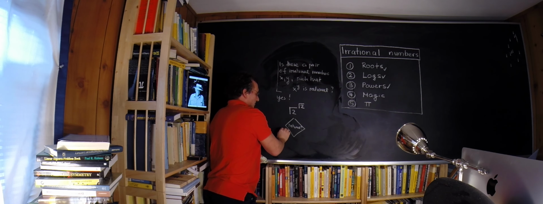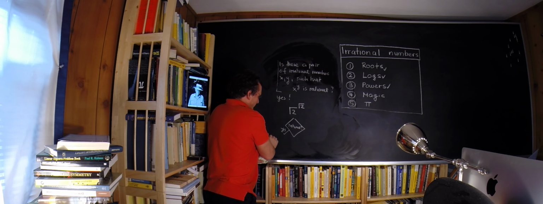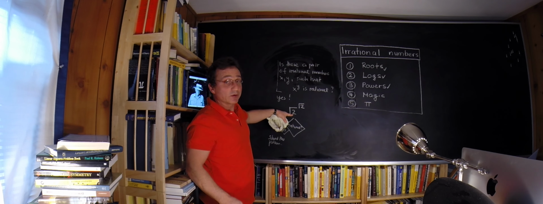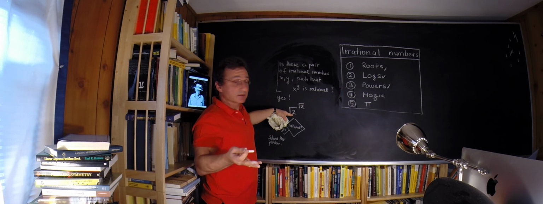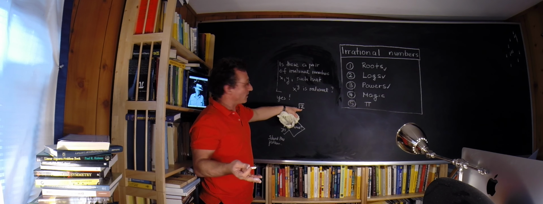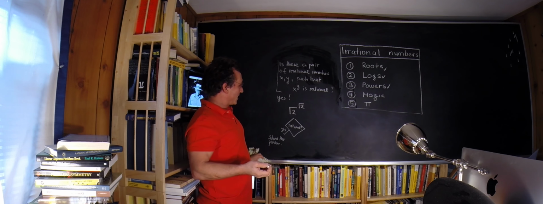If yes, then we have solved the problem, because we can take x equal to square root 2, which we have shown, this Hippasus result, is irrational, and y is also irrational, and so this is also irrational.